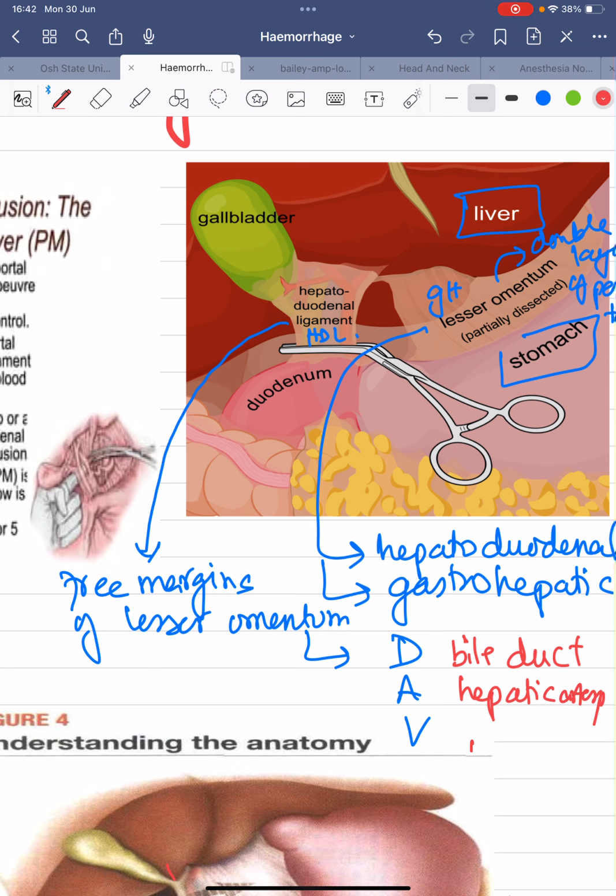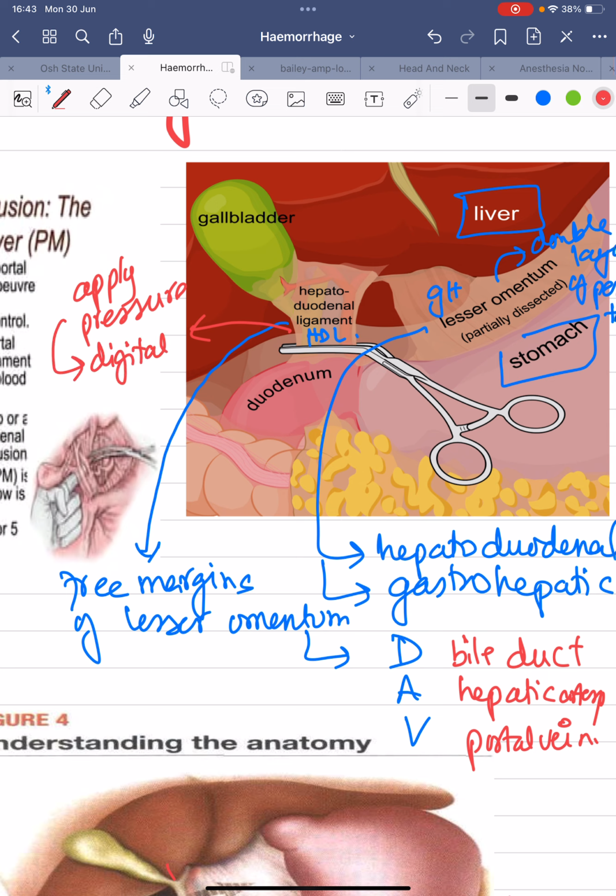So what you can do is apply pressure here. How can you apply pressure? You can apply pressure digitally with your fingers, or by using non-traumatic clamps in the free margin of the lesser omentum.